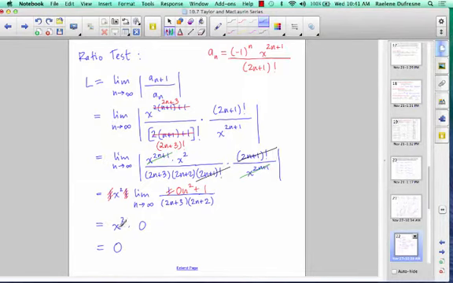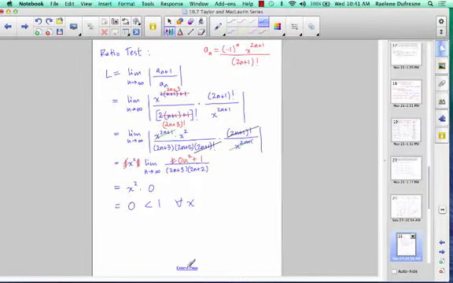So that means x can be anything, and the limit will be 0, which is going to be less than 1 for all x. And as a result, we see that the interval of convergence is x contained in the reals. And furthermore, the radius of convergence, if we were interested, is equal to infinity.